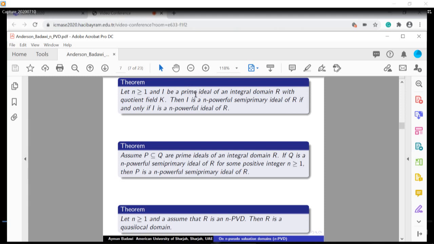Okay? For a prime ideal, to show it is n powerful semi-primary, just show it's an n powerful ideal.